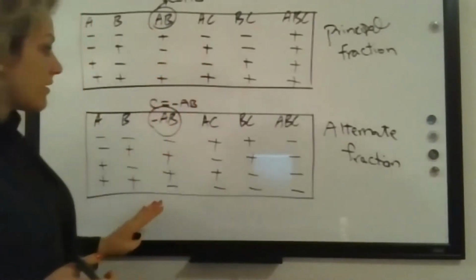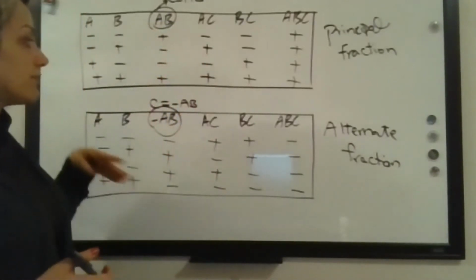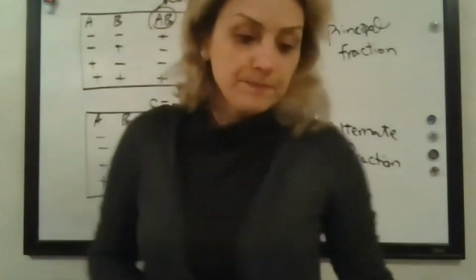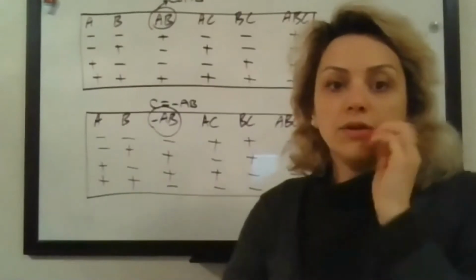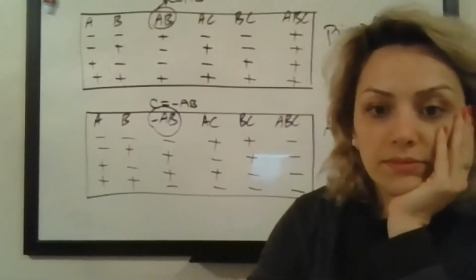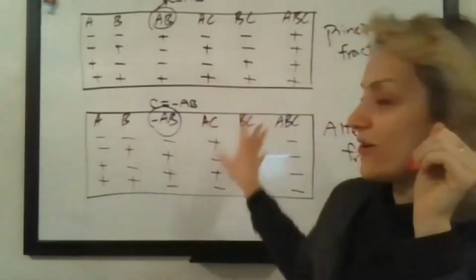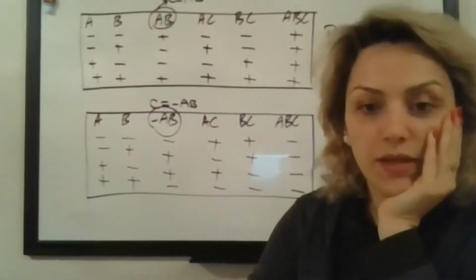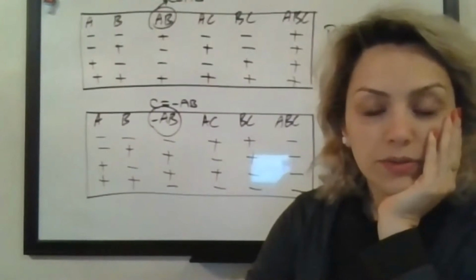And for the alternate fraction, we're going to do the same thing. So when we go back to the notes, you can pause the video here and write down these ones on your notes if you want, or you can develop it by yourself and just compare it. Let me go back to my notes.